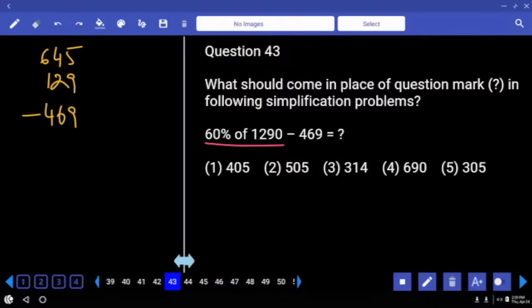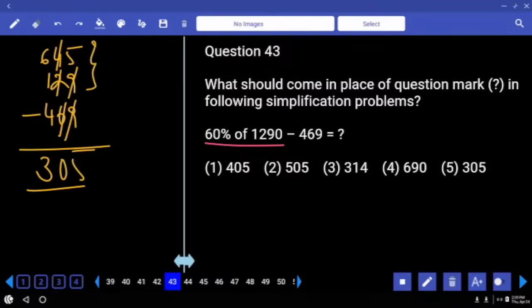Right. So 9 cancel, 60 cancel, hundreds places positive number, 700, negative 400, 305. Okay? Don't add these numbers and don't subtract 469 from it.